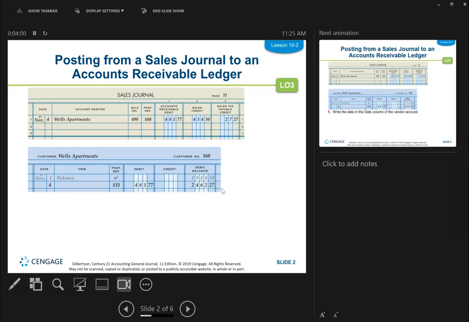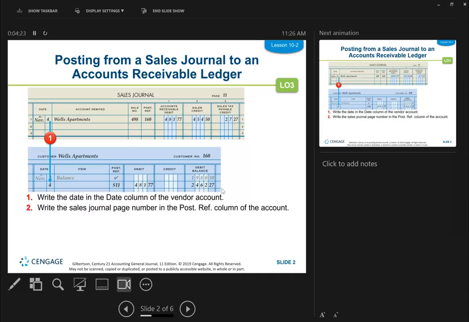An example here: in our sales journal, Wells Apartments has a transaction we've recorded, and we're going to take that transaction and transfer it into the individual ledger for Wells Apartments. So we take the date, and we post-reference the sales journal number.